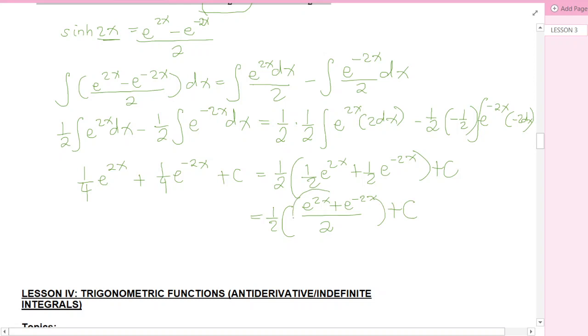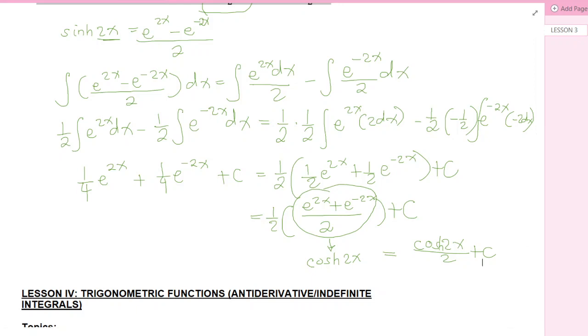And this one, class, is a hyperbolic cosine already. So that is hyperbolic cosine of 2x. So that is your final answer: cosh 2x divided by 2 plus c. So that is our final answer for that.